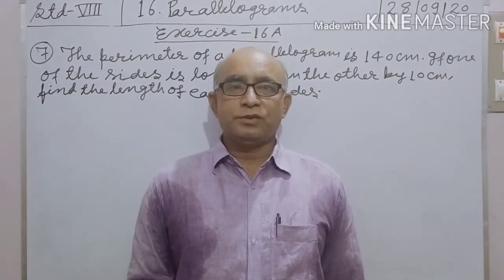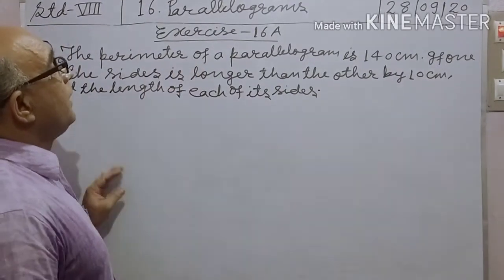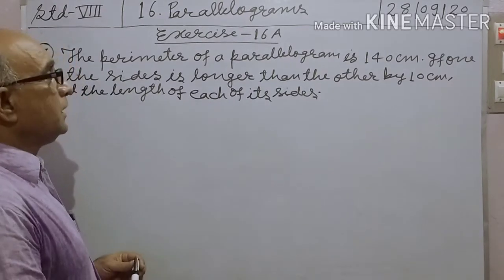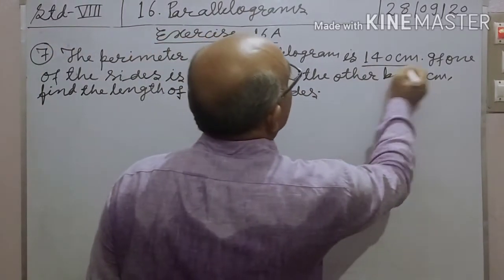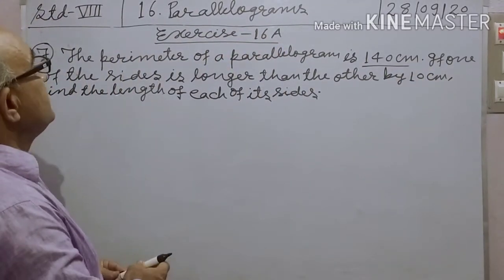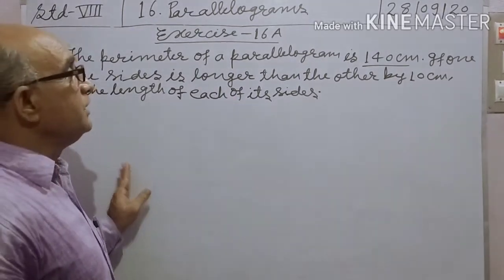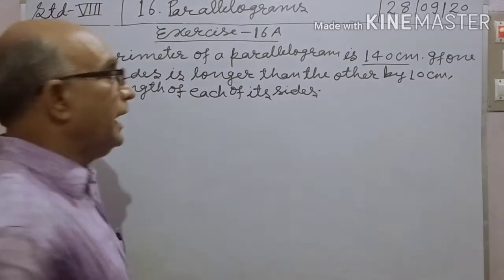Now question number 7. This is the last question today. In this question, the perimeter of a parallelogram is 140 cm. If one of the sides is longer than the other by 10 cm, find the length of each of its sides.